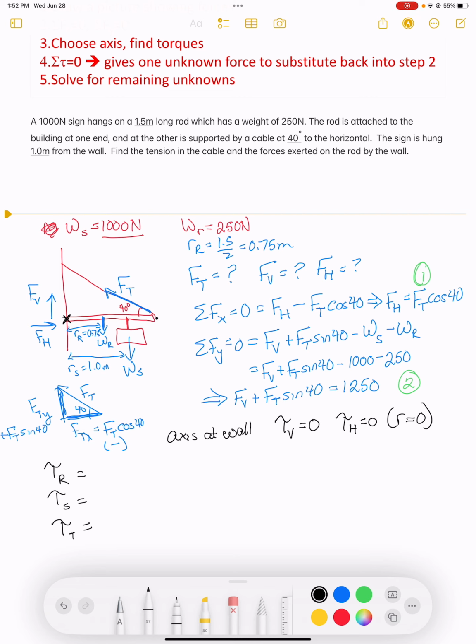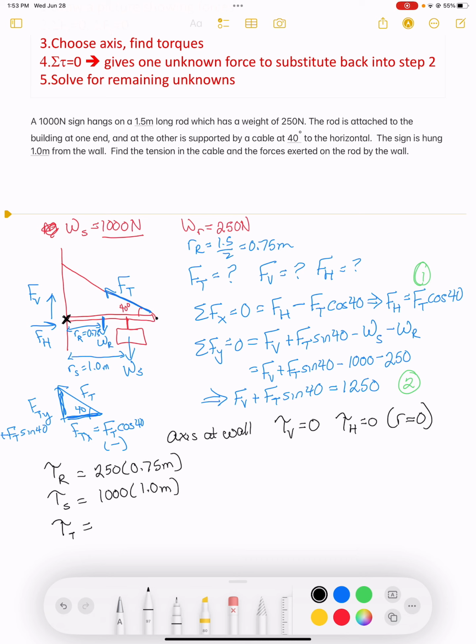All right, so the torque from the rod is going to be the force of the rod, which is 250 newtons, times the distance that it is away from the axis. And here, since my axis is at the wall, the weight of the rod is acting halfway along, so that's 0.75 meters. Okay, the torque from the sign is going to be the force of the sign, 1,000, acting 1 meter from the wall.